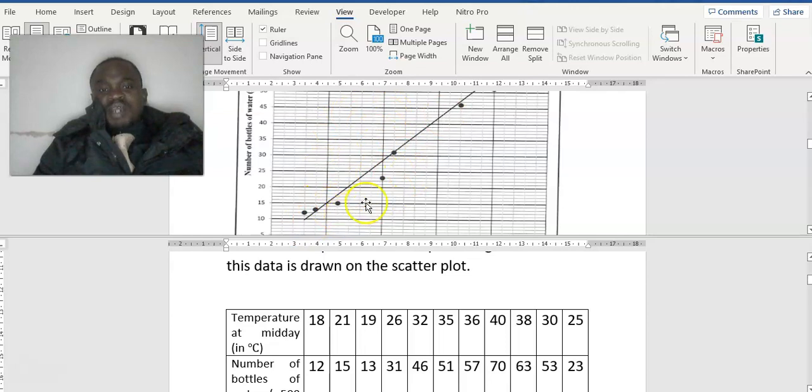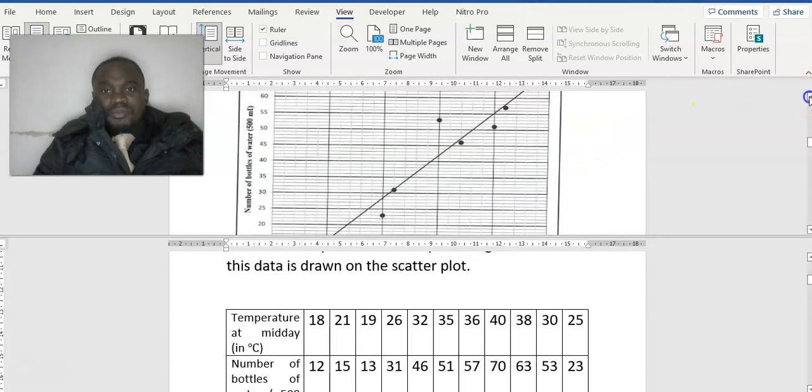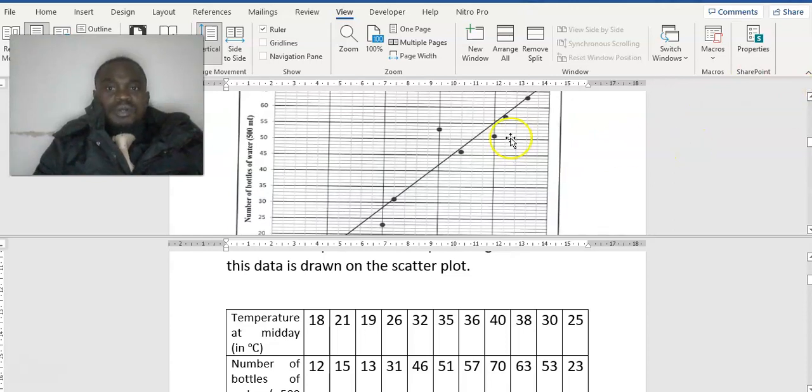If you check this one, it looks like a linear graph. Alright, so this is a scatter plot. We may have different kind of scatter plots. Some reflect exponential, some reflect quadratic, but basically grade 12 we are looking at linear.